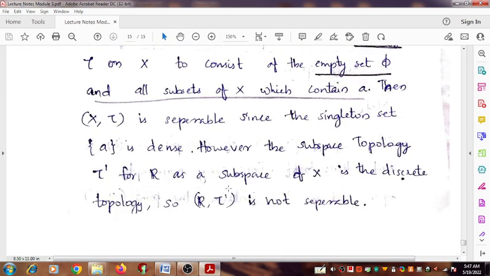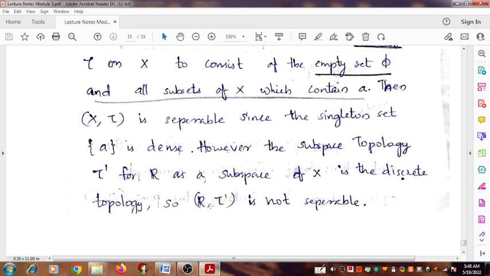In the subspace topology, which is related to the original topology defined here, you can see that it is a discrete topology.